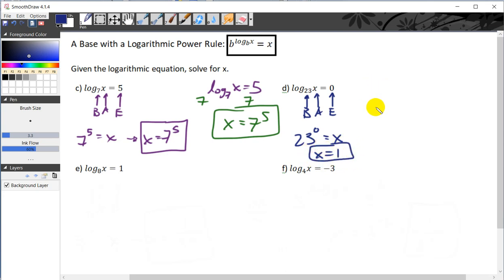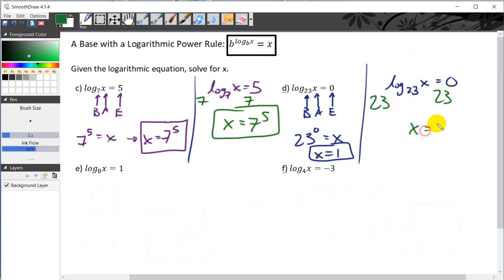Or what you could do, like I showed you earlier, is have log base 23 of x equals 0. The method that I like to do is, look at our base here. You rewrite both sides of the equation with a base of 23. And this left-hand side just becomes x. So x equals 23 raised to 0, and that's x equals 1.